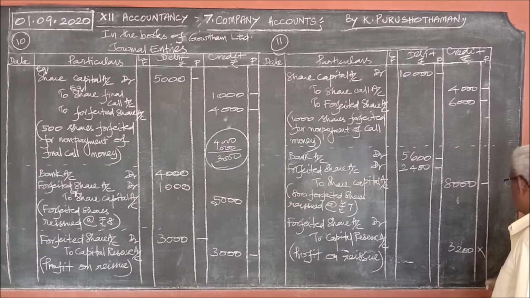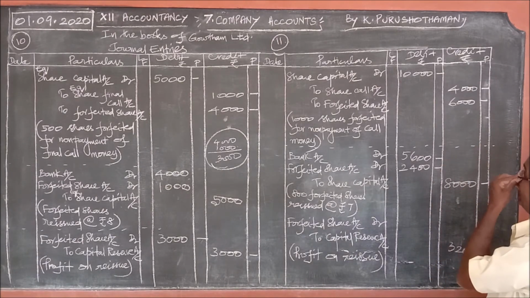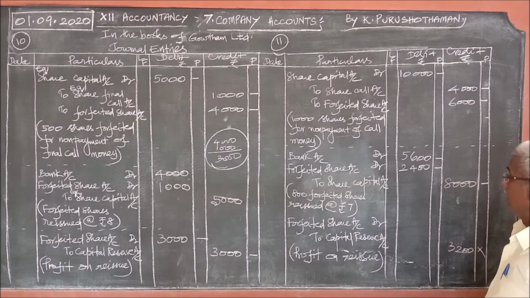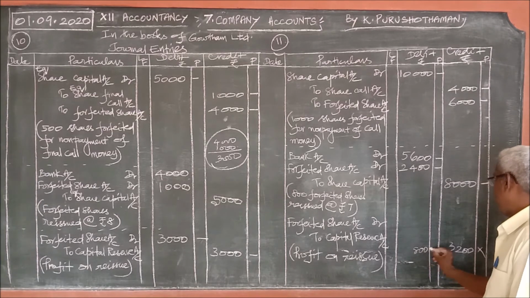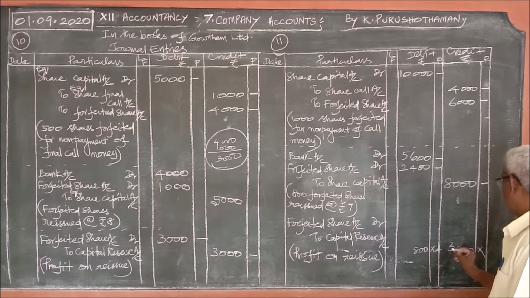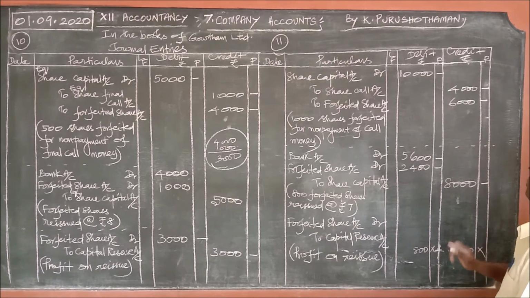This is the pending amount. You should not calculate for 1,000 shares. Here you should take only 800 shares. For 800 shares, the pending amount is 800 into 4, 3,200 rupees.